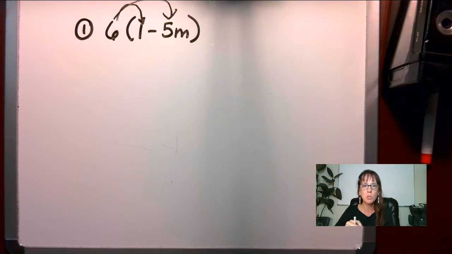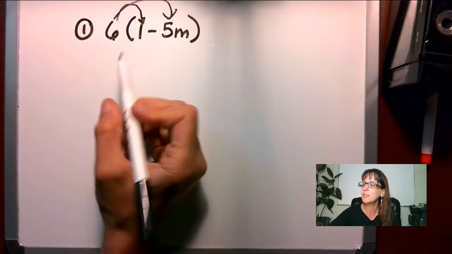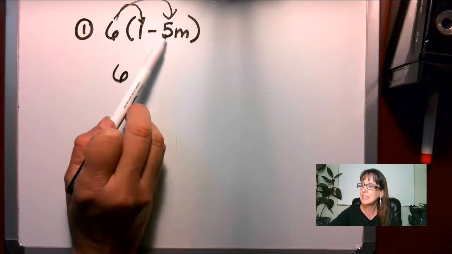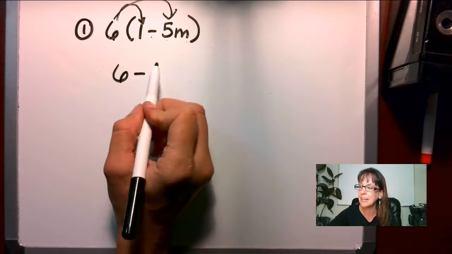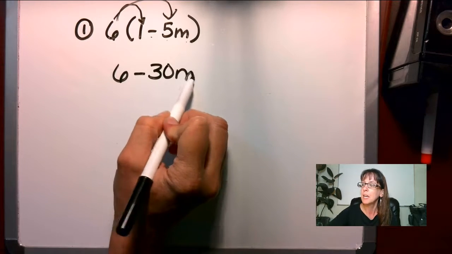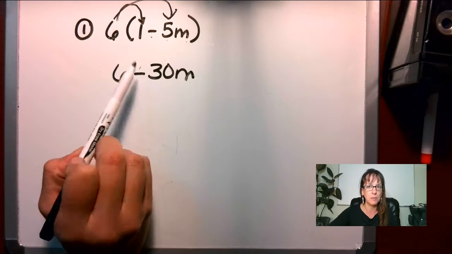When we multiply numbers with the same sign, it's positive. Different signs, it's negative. So 6 times 1 is just 6. 6 times negative 5m is negative 30m. Don't just bring down this sign, okay?